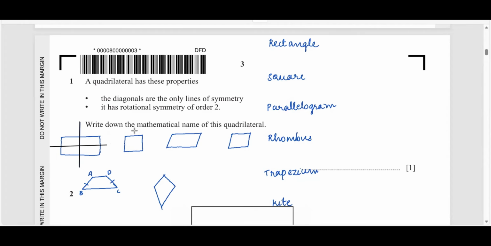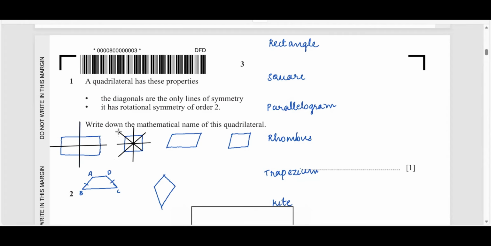But when it comes to square, we have four lines of symmetry. That is, a vertical line is a line of symmetry. It divides the square into two equal parts. Horizontal line, yes, it is also a line of symmetry because it divides the top and bottom into two equal parts. And if you draw a diagonal, yes, the diagonal will divide the square into two equal parts.